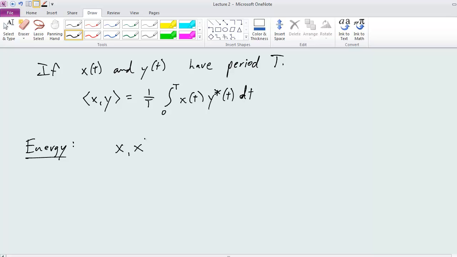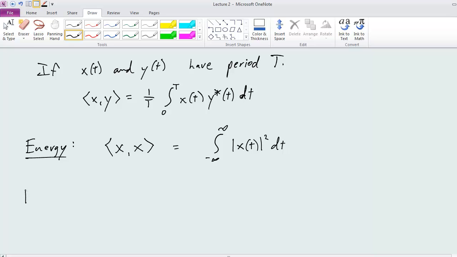X inner product with X, the norm in a vector space. Right? So the inner product with itself, which of course is going to equal the integral from negative infinity to infinity, x times x conjugate, we have a name for that, it's the magnitude of x of t squared dt. Okay. So that's the energy for a signal.